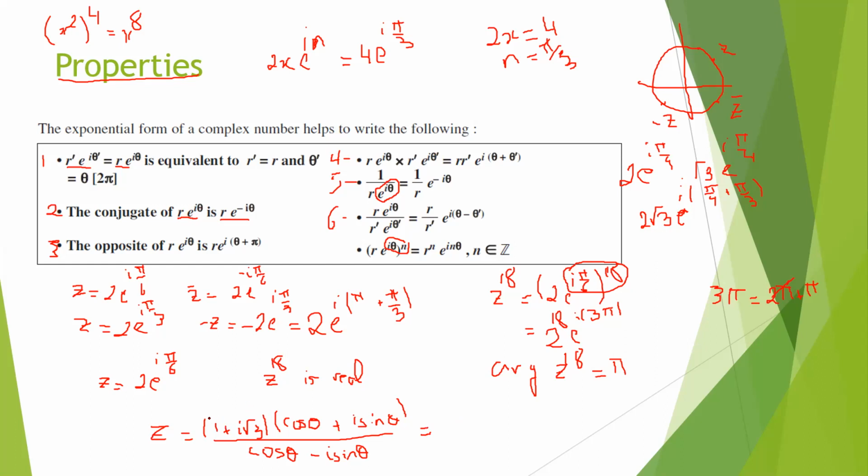Here I have z1, z2, z3, three complex numbers, and I change each one of them to exponential form. For the first one, the modulus of 1 plus i radical 3 is the root of 1 plus 3, which is 2. The argument, if you use your calculator, is pi over 3.